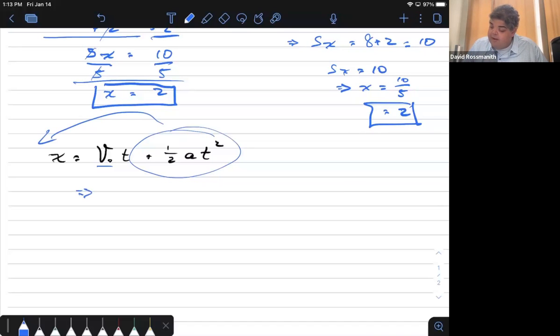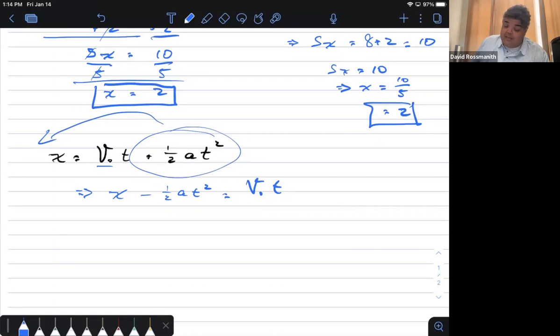So for me, I would say, well, if I'm going to move it over to the other side, it changes sign. So I still have the X, and now I have minus 1/2 AT squared comes over to the other side. And now what's left on the right is just the V naught times T. And now again, on the right side, I have the V naught, the thing I'm trying to solve for, but now it's multiplied by T. I don't like that.